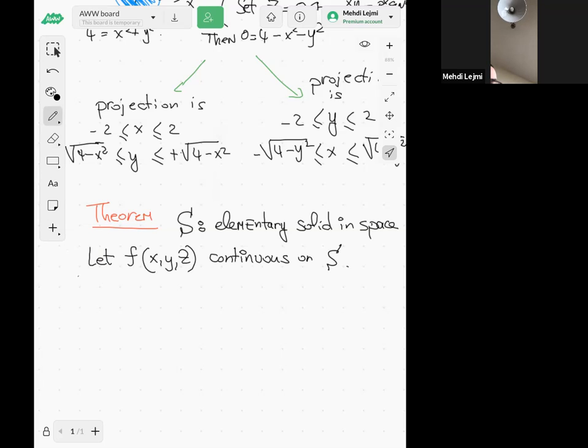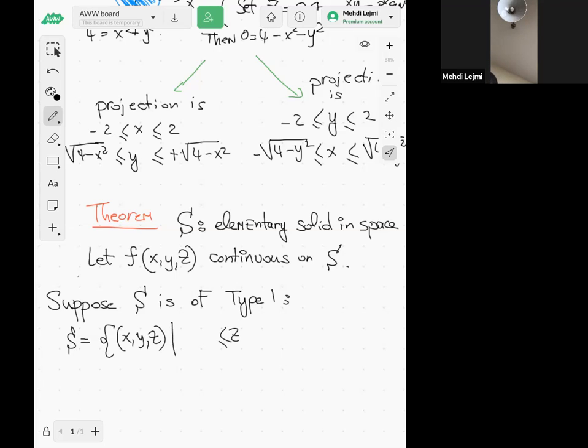Now, as I said, we have different types of elementary solids in space. Suppose that S, for example, is of type 1. So S can be described as the set of x, y, z, with z between two continuous functions of x and y, g and h of x, y.